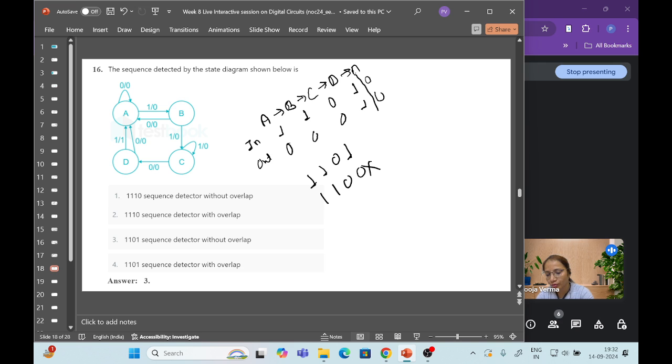So now we have to check 1101 sequence detector without overlap or 1101 sequence detector with overlap. We have not seen any overlap in this sequence when moving, meaning the input does not go back to the same state. So it is a 1101 sequence detector without overlap. That's why option 3 is the correct answer for this question.